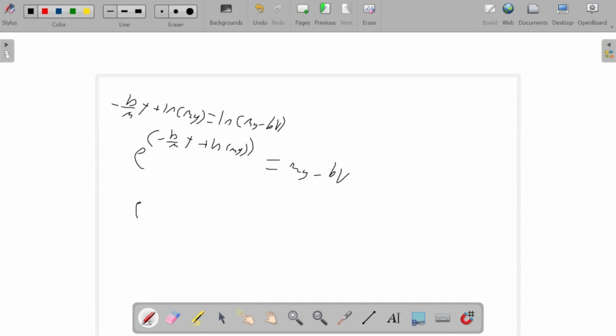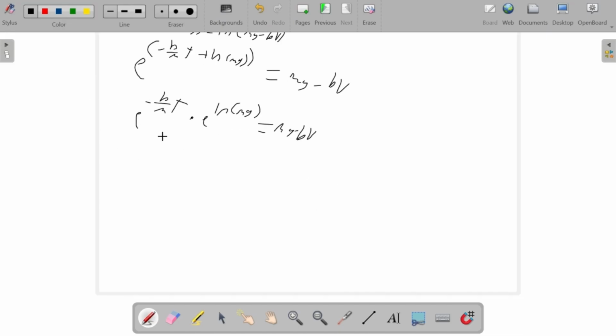And this can be rewritten as e to the minus b over m t times e to the ln of mg equals mg minus bv. That's just using the basic exponent rules. And so this becomes mg times e to the minus b over m t equals mg minus bv.